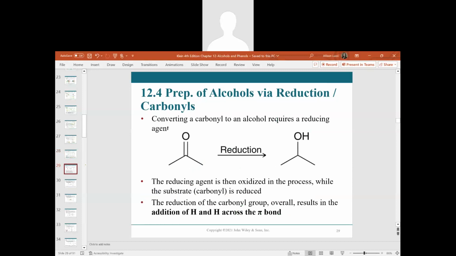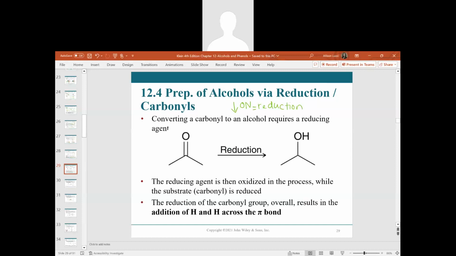So if you want to know, did a reduction occur? We know that if the oxidation number of our carbon goes down, then we had a reduction.